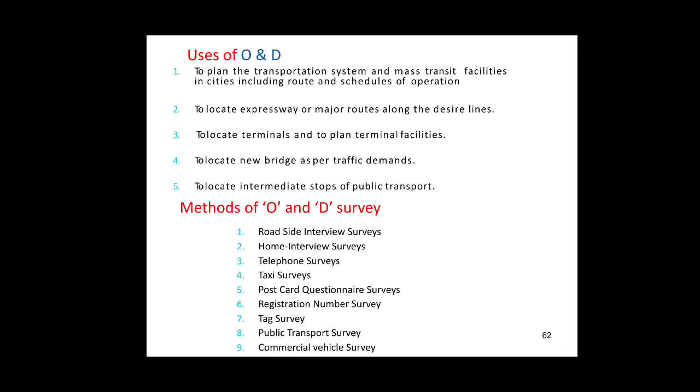So if you just observe the methods of these origin and destination surveys, here we can come to know the various nature of the users of the given road being addressed, and knowing their origin and their destination along the given length of the road, one can make necessary changes in regards to the provision of the intermediate stops of the public transport.